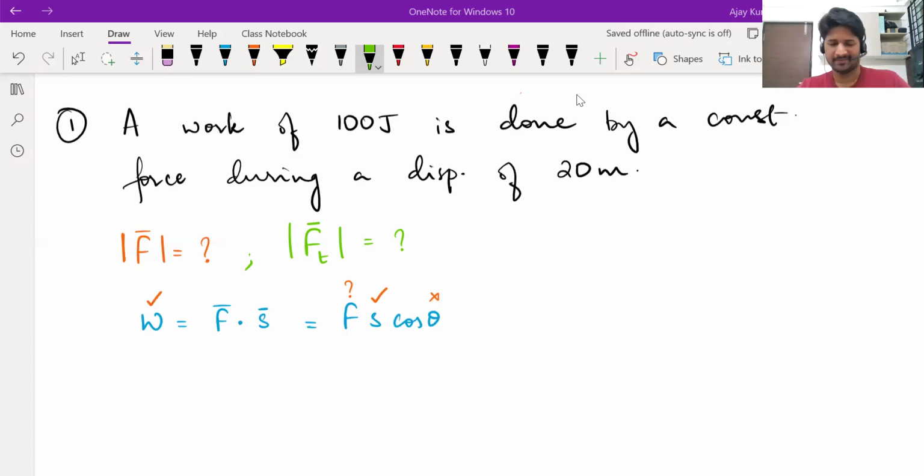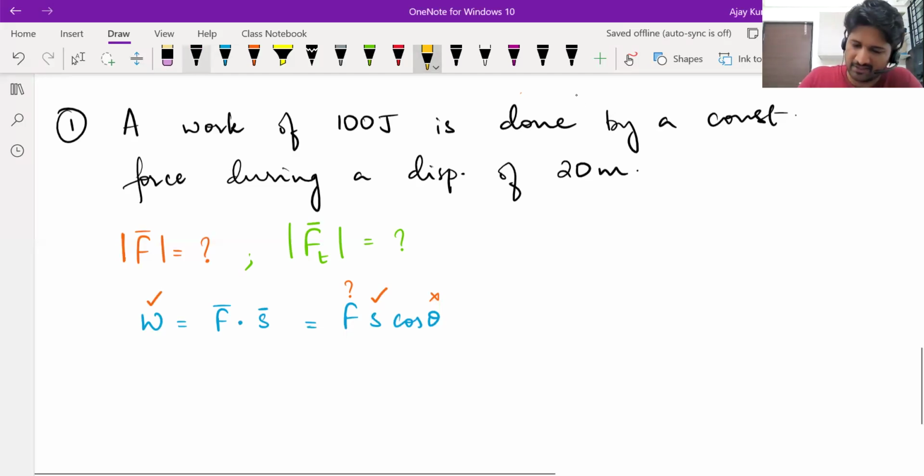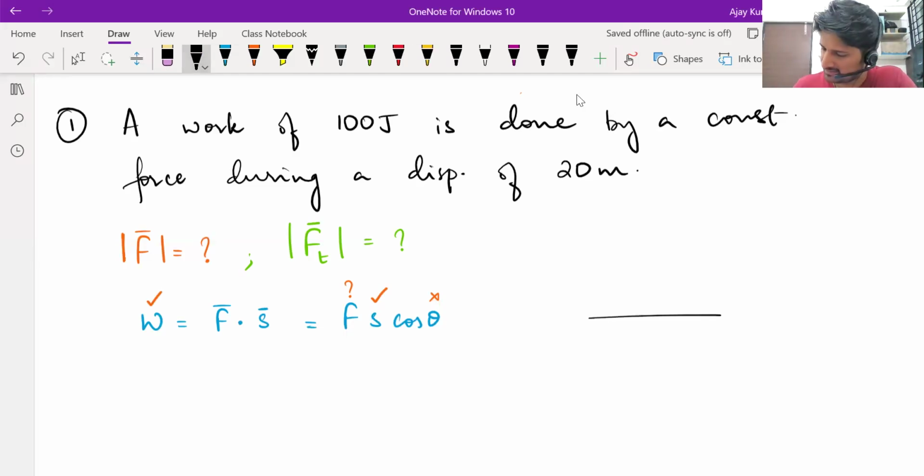Okay, fine. Listen. Again, basic dot product definition only. Suppose there are two vectors. Okay, wait, I got one more answer. Saket is saying if it is perpendicular to displacement, theta is 90.